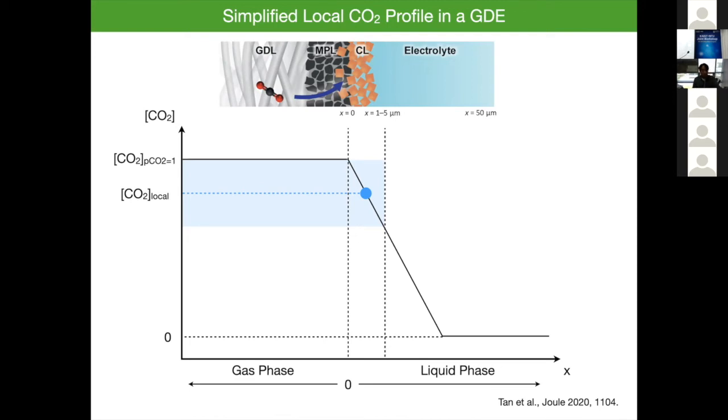So from the gas phase to the electrolyte side, the CO2 concentration in the gas phase is constant, and then in the bulk side, the CO2 concentration is 0. So you have a nice linear CO2 gradient, and the local CO2 concentration in the catalyst layer should look like the blue dot.